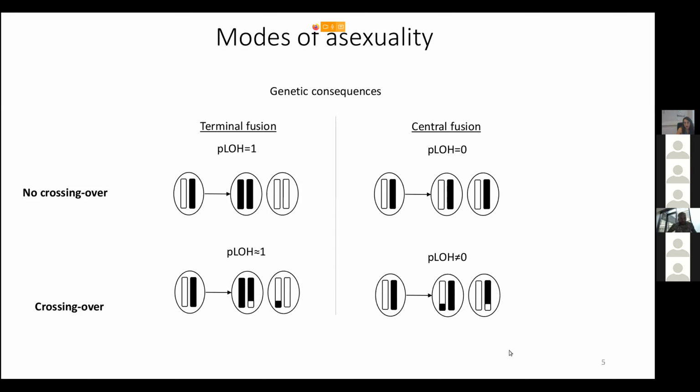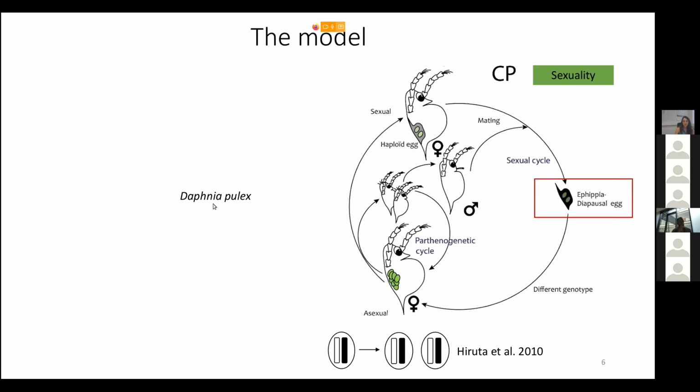and maybe these are found in intermediate stages, but because they are rare in nature, we generated new asexual lineages. To do so, we used Daphnia pulex, a microcrustacean that has two distinct reproductive modes: cyclical parthenogenesis, in which females clonally produce daughters or sons via an aborted meiosis, so it's derived from meiosis, and sexual reproduction, which leads to the formation of a diapausing egg called an ephippium.